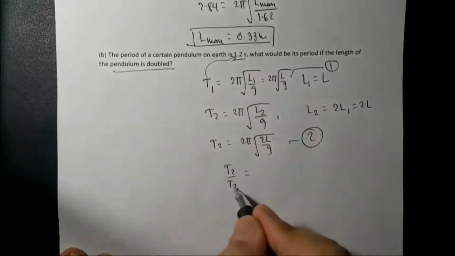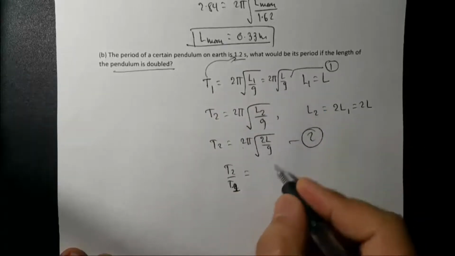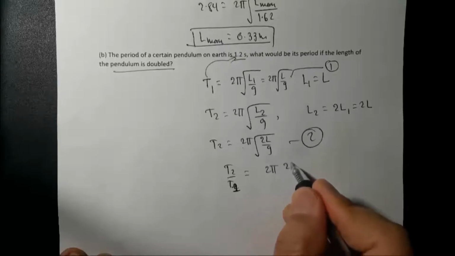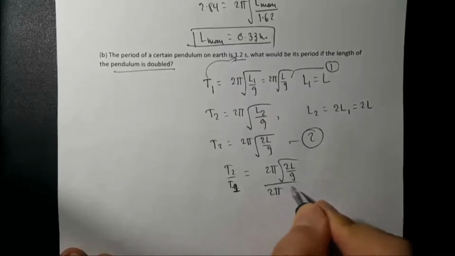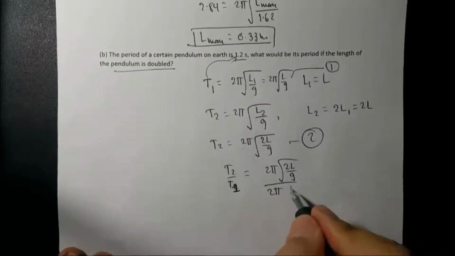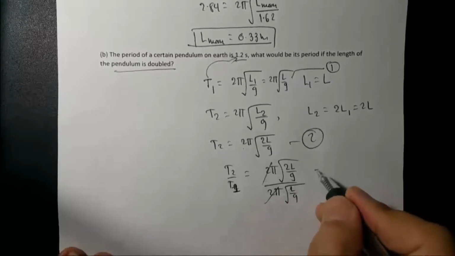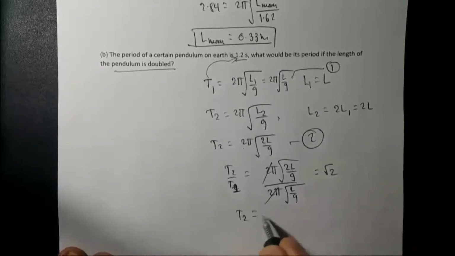If you divide this equation by that equation, everything will cancel out: 2 pi square root of twice L over g, over 2 pi square root of L over g. So everything will cancel out, and it will be just square root of 2. So T2 is just square root of 2 times T1.